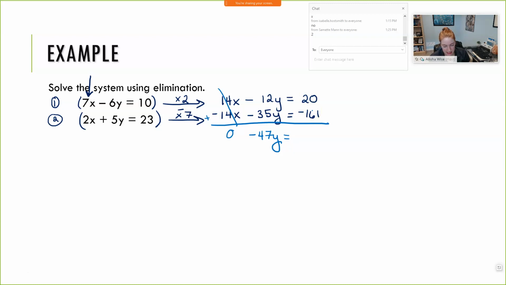And 20 minus 161 is going to be negative 141. Final step, let's go ahead and divide by the coefficient. What you do to one side, you've got to do to the other. Y equals, divided by negative 47, positive 3. Two negatives make a positive.